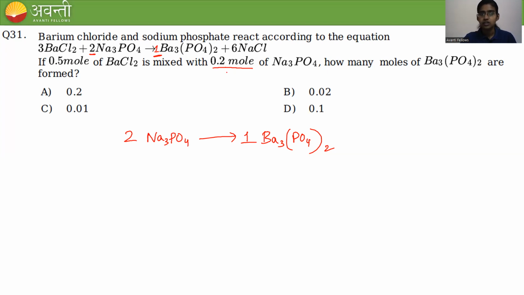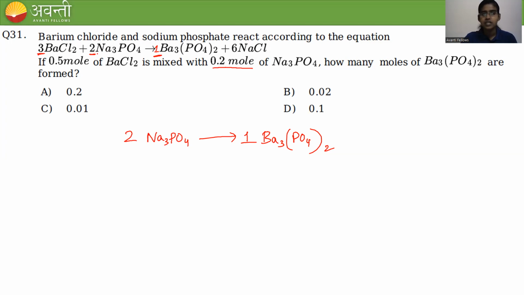Why? Because sodium phosphate is the limiting reagent, because it is present in a lesser amount, right? The one which is present in lesser amount in the reactant is called the limiting reagent, so that limits the reaction. In the reaction, you can see that 3 moles of barium chloride is reacting. So 3 is bigger than 2, right?